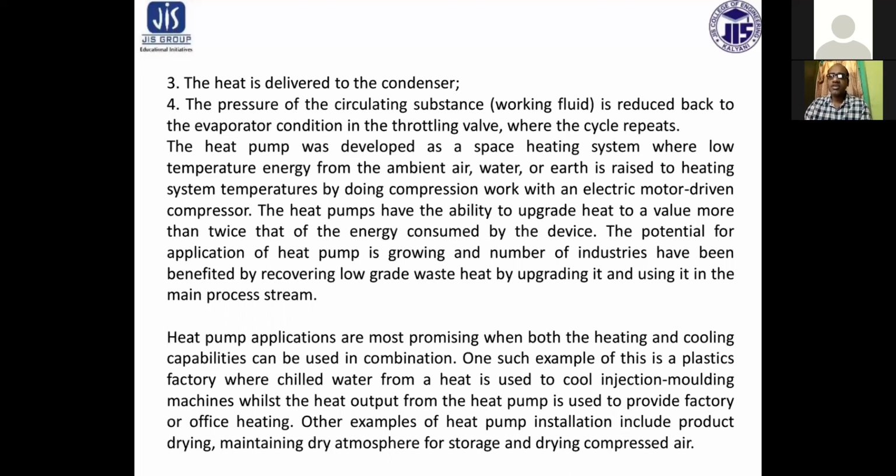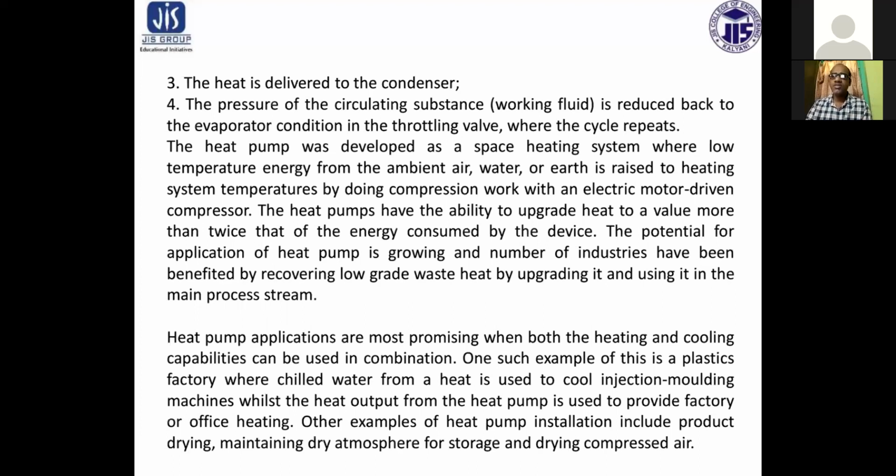A number of industries have benefited by recovering low-grade waste heat, upgrading it and using it in the main process. Heat pump applications are most promising when both the heating and cooling capabilities can be used in combination.